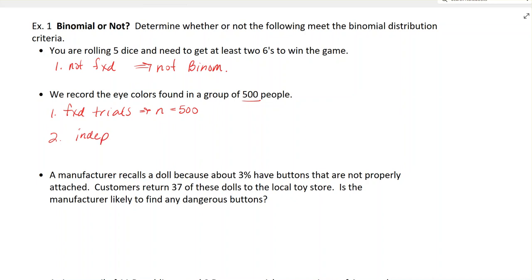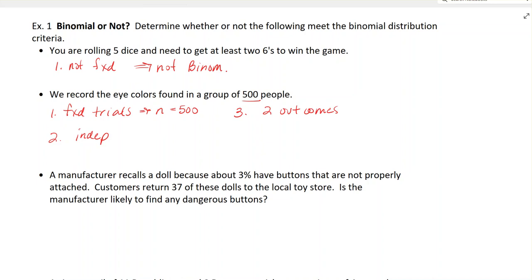Now my question here is, if I look at the eye color of one person, does that impact the eye color of another person? Hopefully you can see that that is not the case, so we would say that these probabilities would be independent of each other. The third criterion is that there are two mutually exclusive outcomes, as a matter of fact.